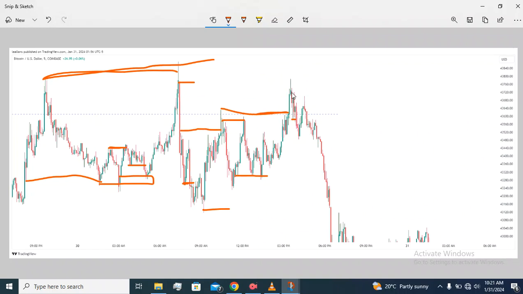Then its high is around here, but you can see we get some liquidity lying here, which we just took, and we barely swept this high, and we ride down.